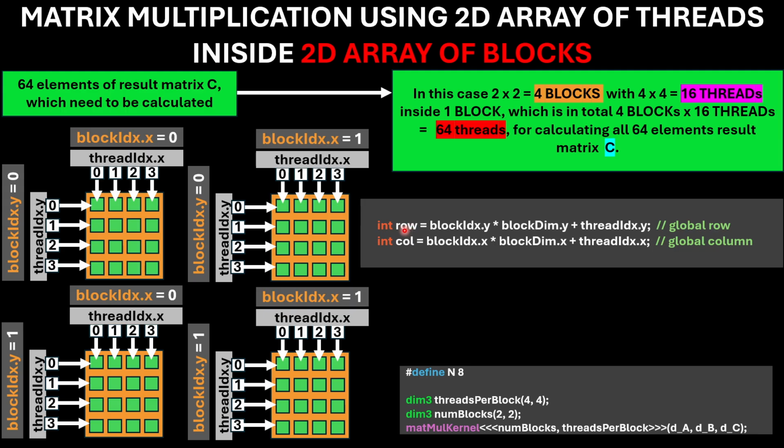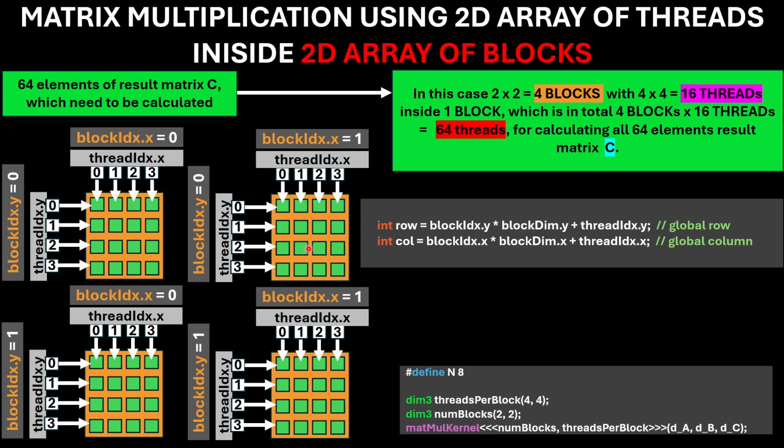So for picking up the specific row and column index, also for the matrices A and B, where we're picking up rows and columns, this corresponds to the specific thread index, which corresponds to the result matrix.